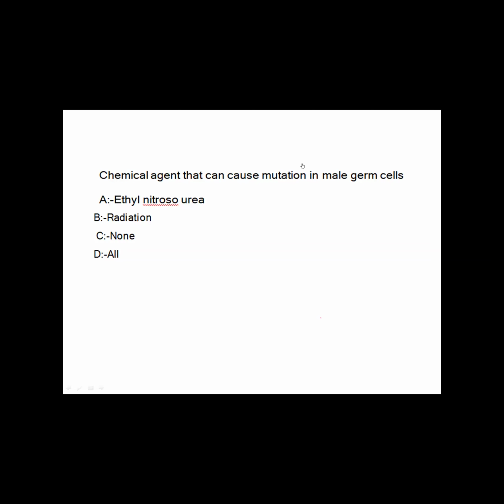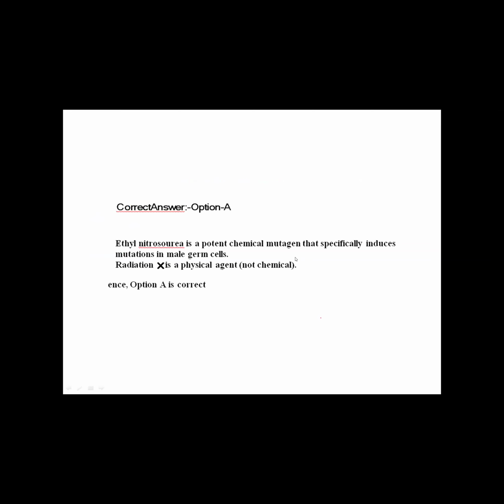Dr. Poonam says option A. So correct answer is A, right? Option A is correct. Ethyl nitrosourea is a potent chemical mutagen that specifically induces mutation in male germ cell. Radiation is a physical agent, not a chemical. That is very obvious.